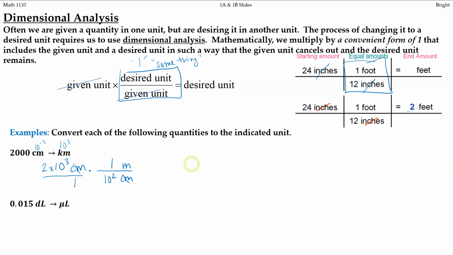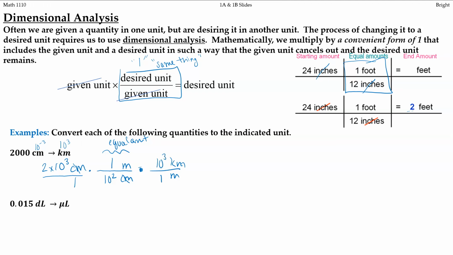And so this is an equal amount. Now if I do the math here, I'm going to be left with meters. I want to be in kilometers. So then I can continue multiplication. If I convert meters to kilometers now, that one's a little easier for me to know. I know in 1 meter there are 10 to the third kilometers.